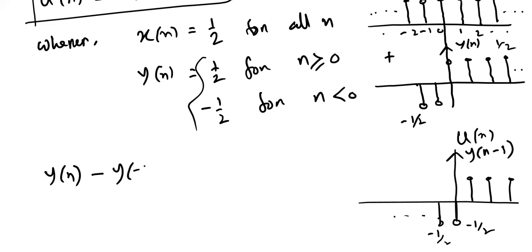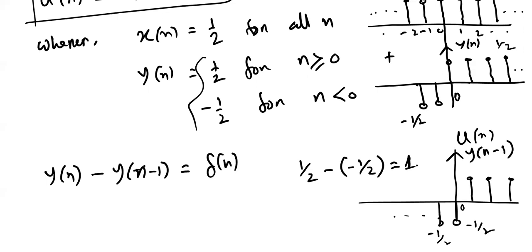Now if we subtract y[n minus 1] from y[n], what will be the value? Point to point, all the points will subtract each other. Only at the location n equals 0 will you find half minus minus half, which equals 1. At the center. So it looks like a delta function.